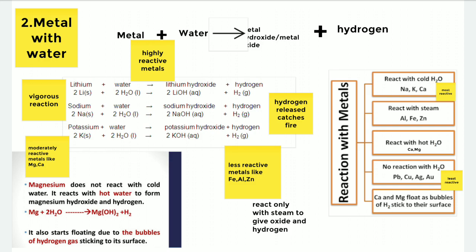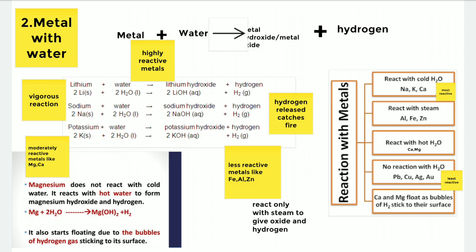But this is not the case for moderately reactive metals like magnesium and calcium. The reaction of such metals is not very vigorous and the hydrogen released will not catch fire easily. Also, these moderately reactive metals do not react with cold water.